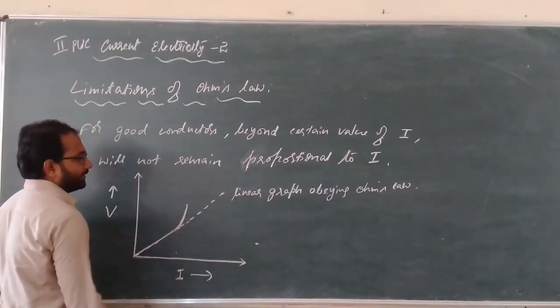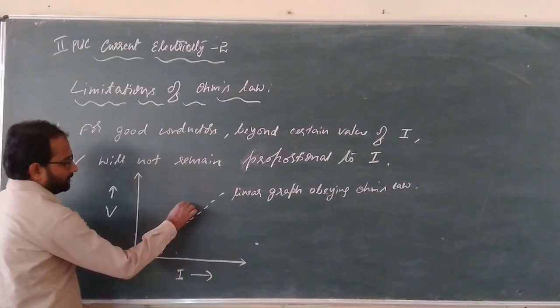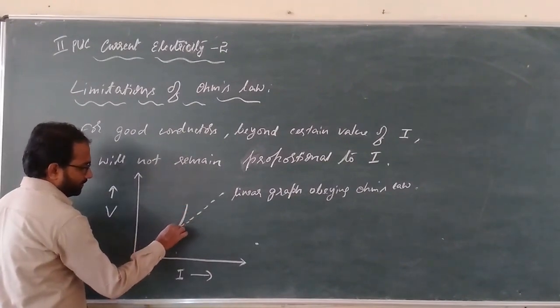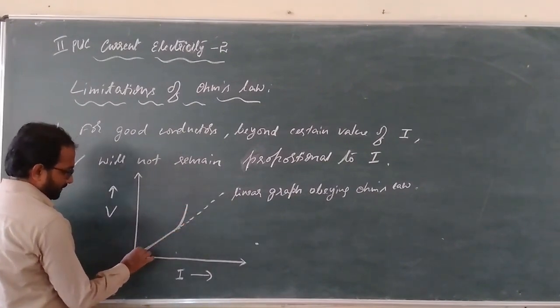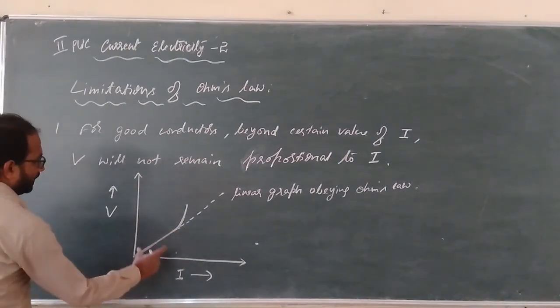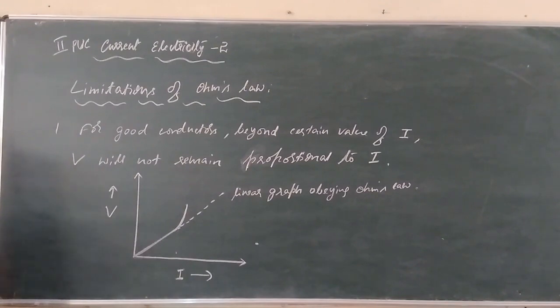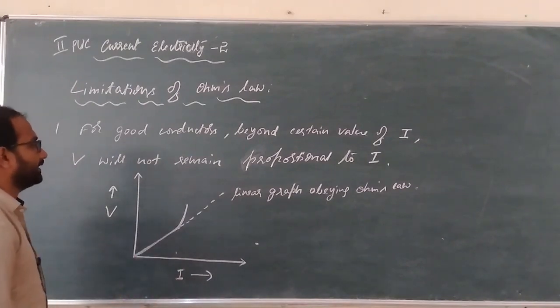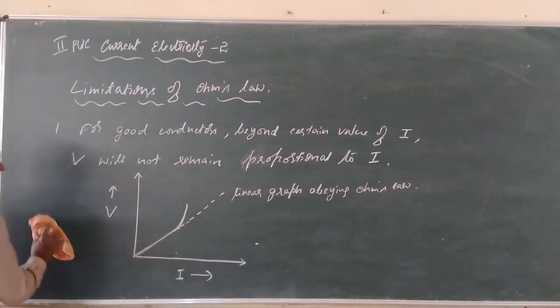It deviates from the ideal graph. So this is one limitation of Ohm's law, that is for good conductors, metallic conductors. For a certain value of current, Ohm's law holds. Beyond a particular value of current, it does not hold.